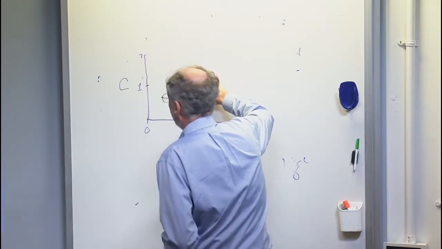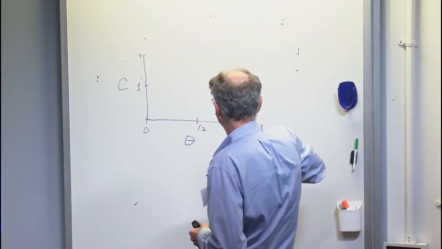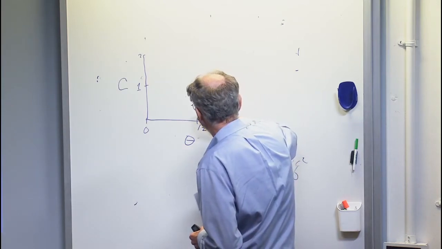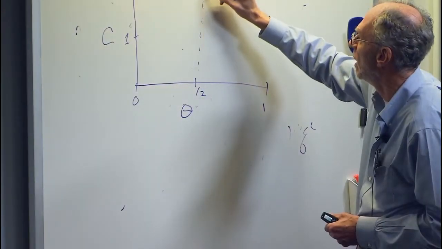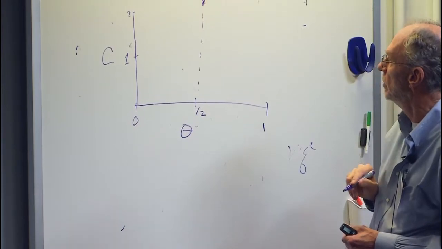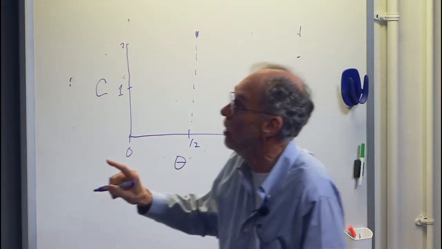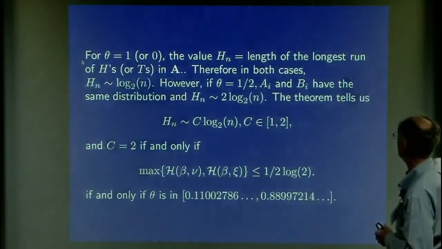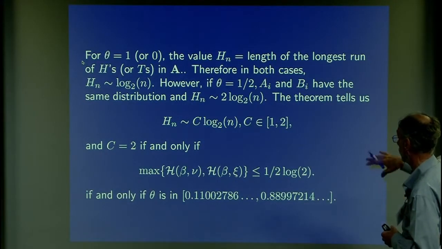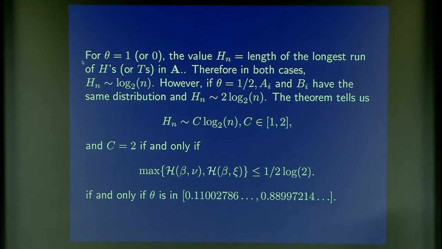So what we knew before we proved anything was that at theta equal 1/2, it was 2 log n, and at, say, theta equals 0, they're either all heads or all tails, so you're looking for the longest run of heads or tails, so you get the 1 log n.